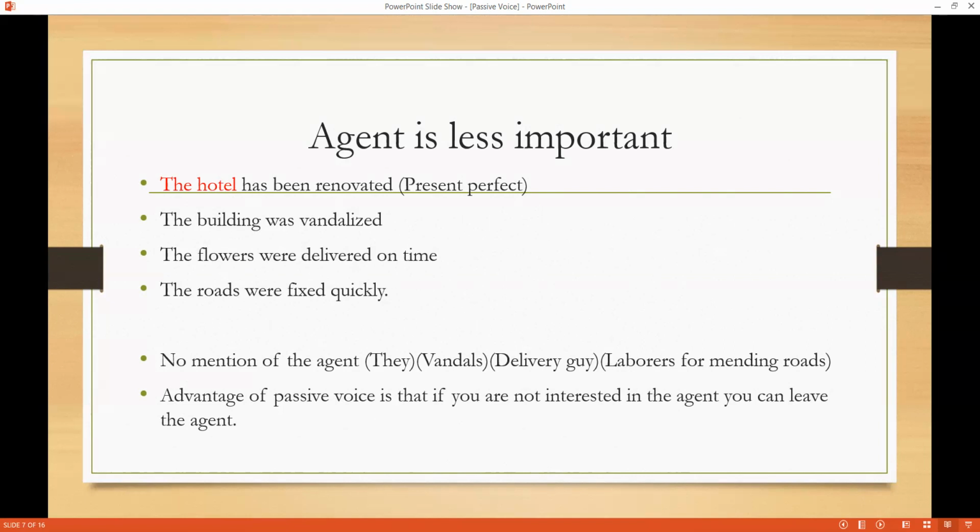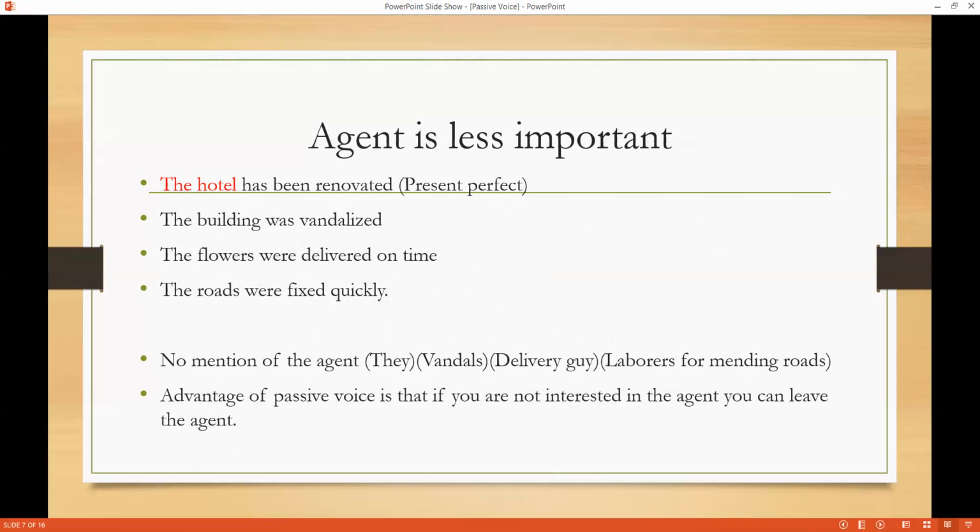Now, let me give you an example. There is a hotel near my home. It's a very popular hotel, but there was one problem. That problem was the hotel looked very old. It was an old hotel. But recently, I learned that they have renovated the hotel.